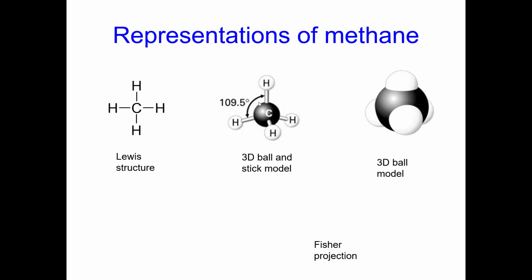We can also have 3D ball models, and these are important. If we could shrink ourselves down to an atomic size, we would see that a carbon atom is far bigger than a hydrogen atom.